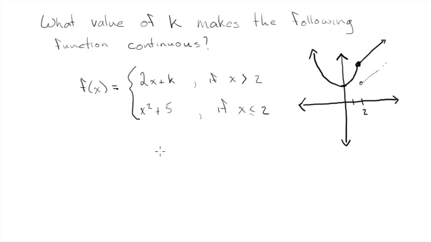So that's how we're going to answer this question. We're going to say when x equals 2, these two pieces, or the two equations, must be the same, must meet, must be equal.